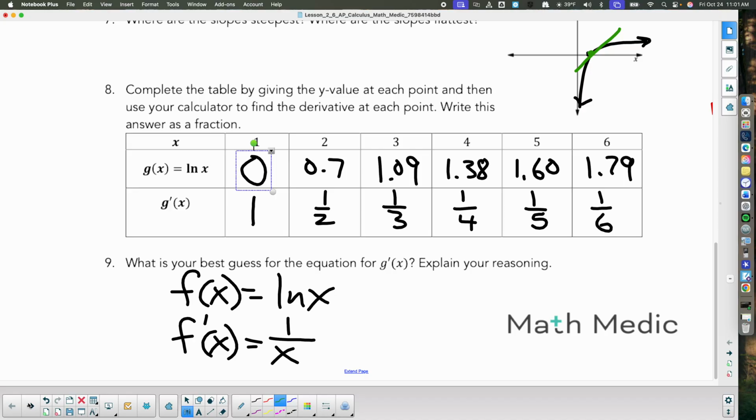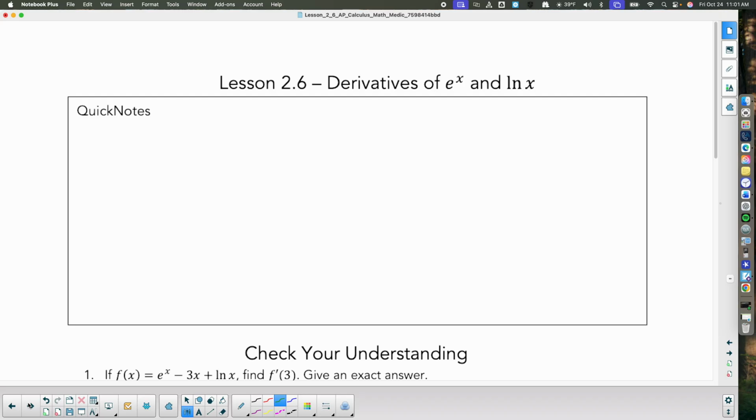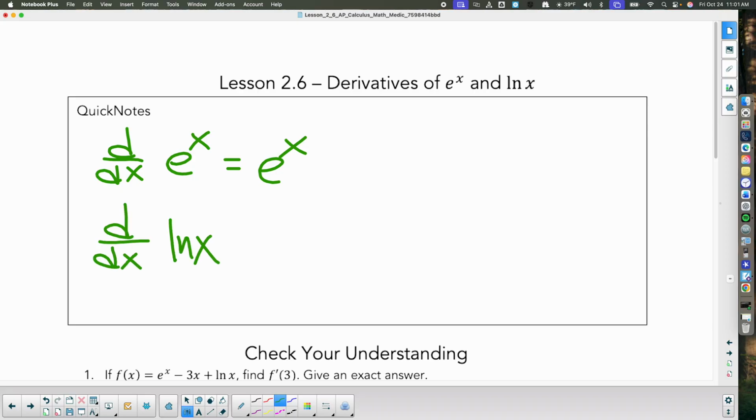And the more you can memorize, the quicker they go. If you would like to write in the quick notes, the derivative of e to the x is e to the x. And then the derivative of ln of x, so that's log base e, is 1 over x.